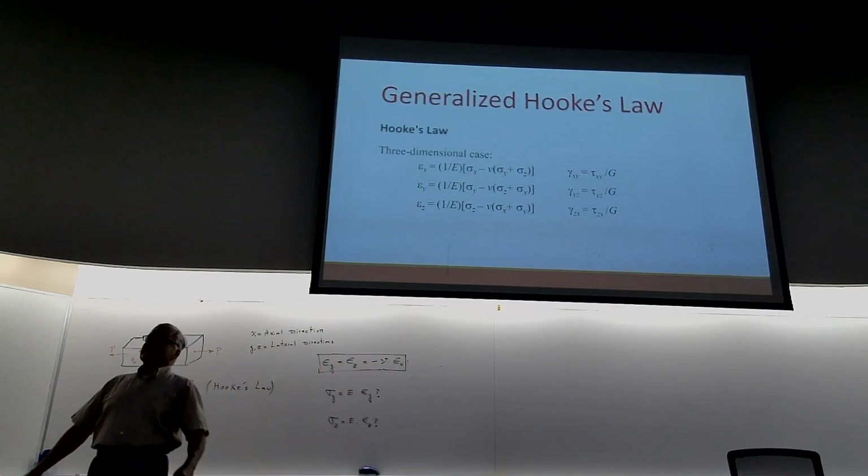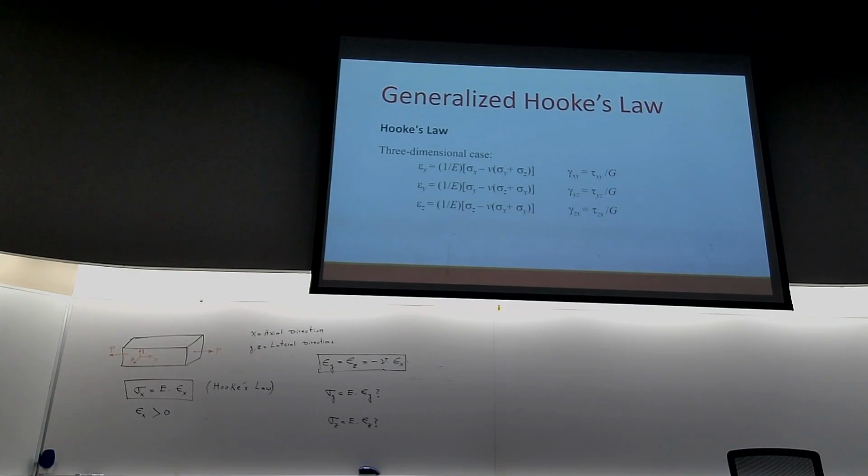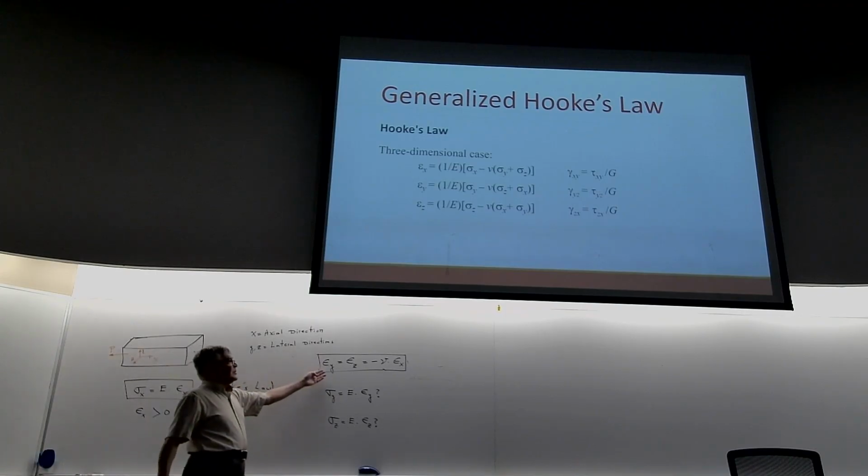What's your answer? Epsilon x is a positive number. These will be negative, right? Because of the minus sign. So epsilon y and epsilon z are negative numbers. Right side of these equations are negative numbers.